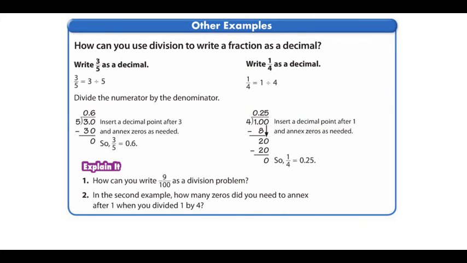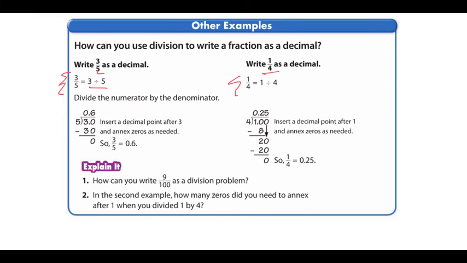Now take a look at other examples on 238, because not every fraction has 10 or 100 in the denominator. Sometimes it has 5. Sometimes it has 4. Obviously, it's unlimited. But we know that 3/5 is 3 divided by 5.